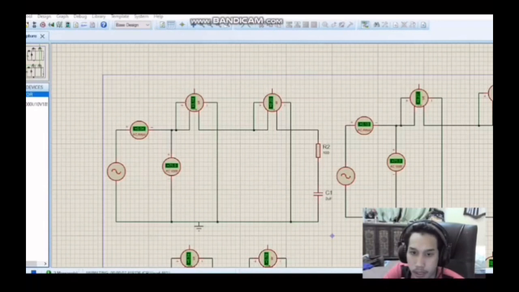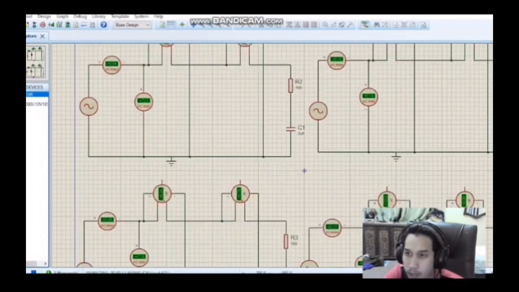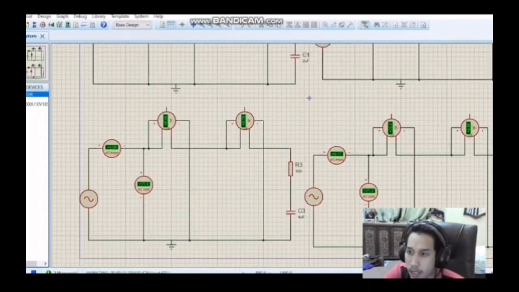Okay, for the 2 micro circuit, we got 3.14 for VA, and we got 0.20 for watt. For the second circuit, which is 4 micro, we get 6.24 for VA, and we got 0.78 for watt.